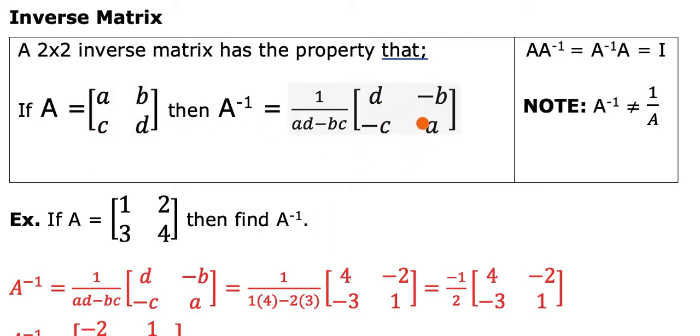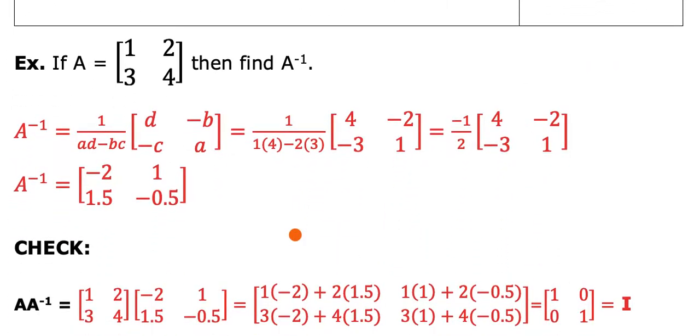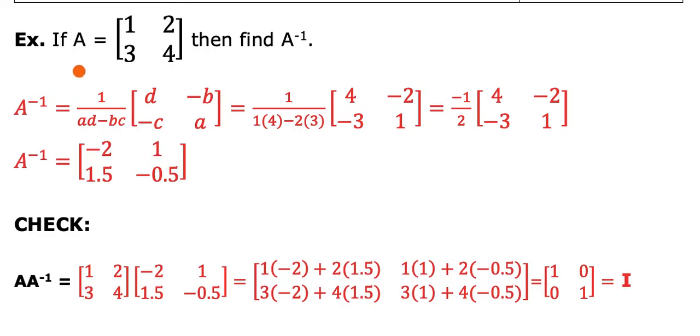And then the matrix entries are moved. So a and d switch, and then b and c are negated. So A inverse has the property that A times A inverse, or A inverse times A, is equal to the identity matrix. So in this example, A is equal to [1, 2; 3, 4]. Then find A inverse.